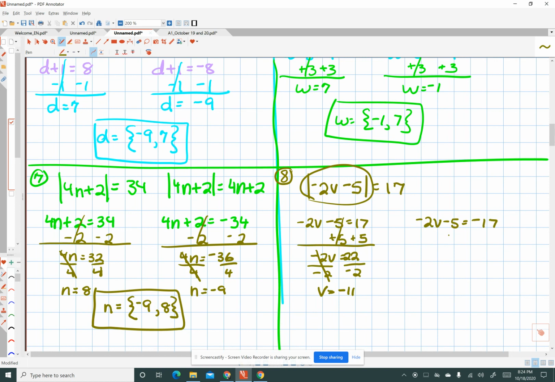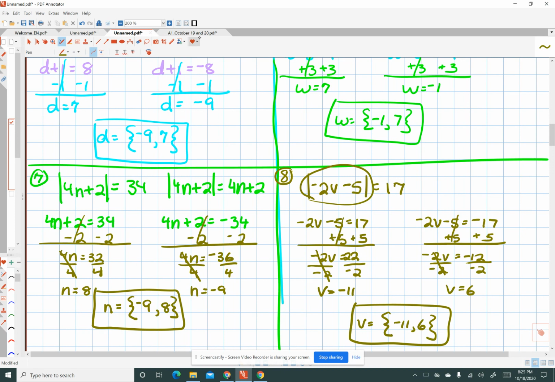On the left-hand equation, we'll add 5 to both sides. Negative 2v equals negative 12. We'll divide both sides by negative 2, and v equals 6. And here's our answer set, negative 11 and 6.